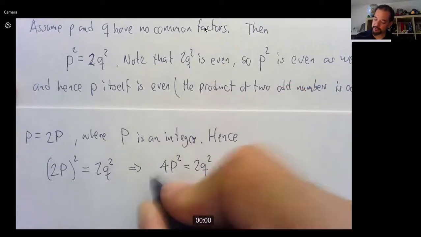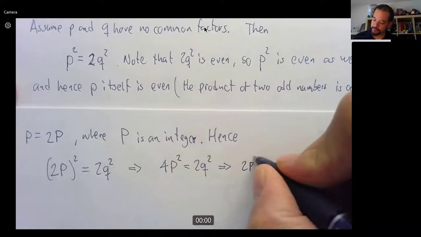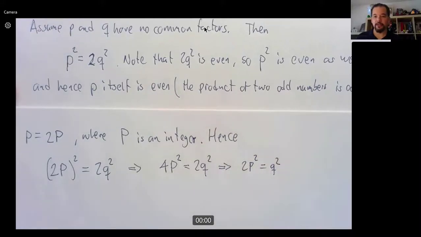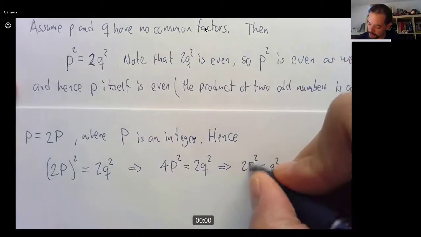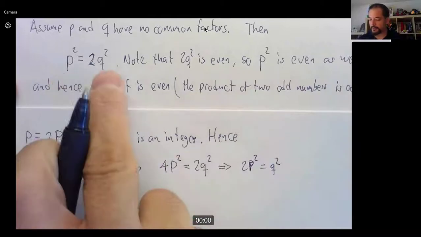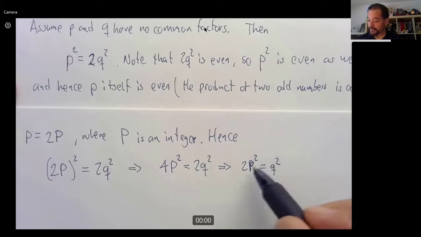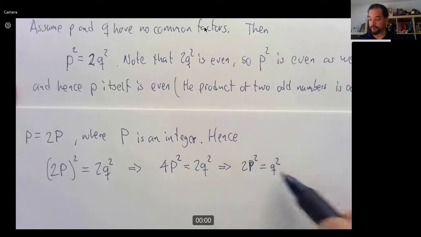And then if I divide by 2, I get 2 times capital P squared equals q squared. The funny thing here is that now this looks almost like that one, only now I have capital P and q instead of little q and p. But the conclusion is the same. The guy on the left is even, so then q must be even.